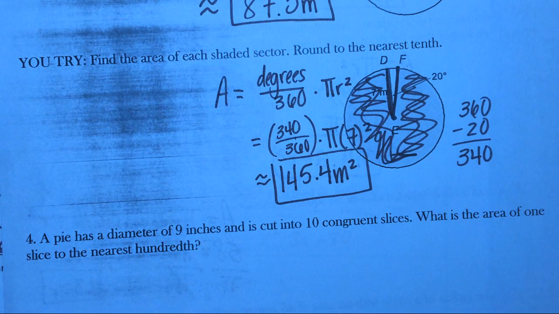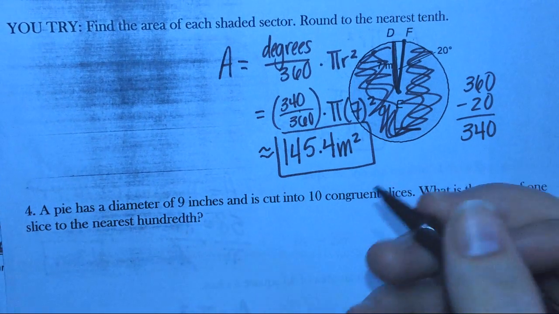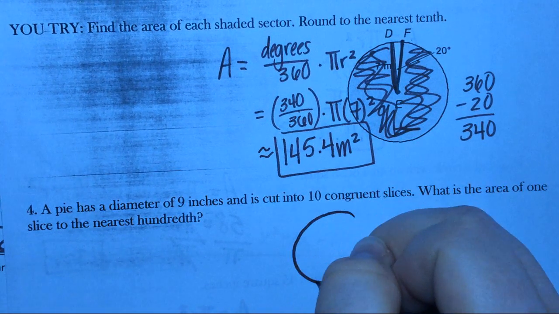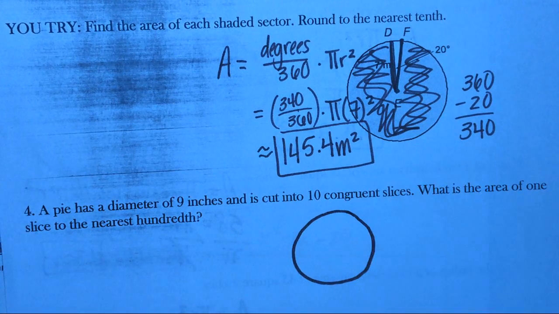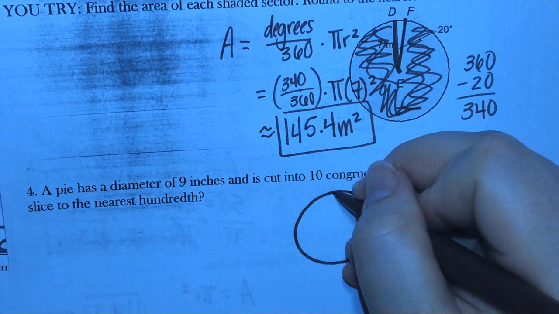Okay, and then of course I would say that's as hard as it gets. And then on number 4, how dare they use words. A pie has a diameter of 9 inches and is cut into 10 congruent slices. This is not art class, but I'll do my best.